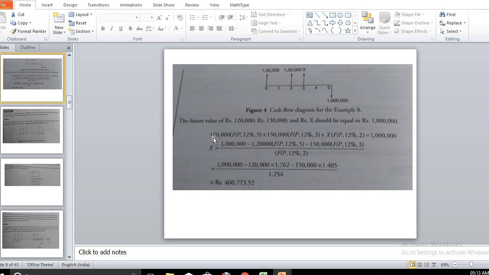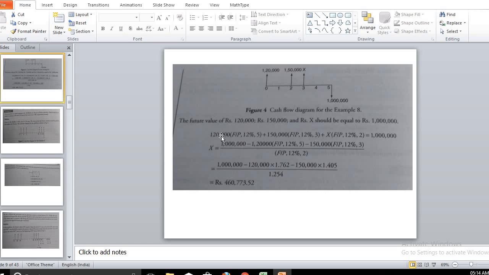This is calculated like this: 1,20,000 into F by P at 12% for 5 years, plus 1,50,000 into F by P at 12% for 3 years. The 1,50,000 is invested for 3 years: first year, second year, third year.